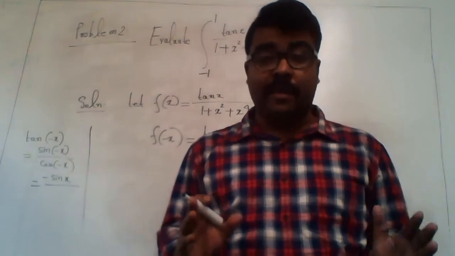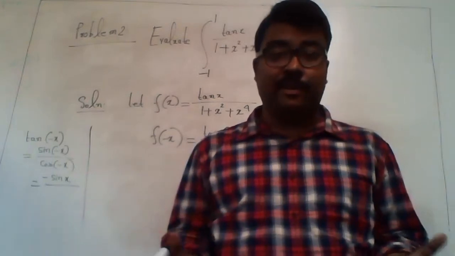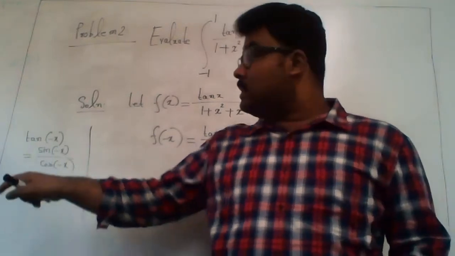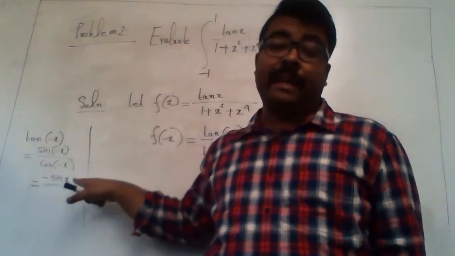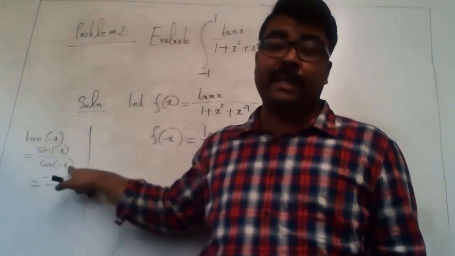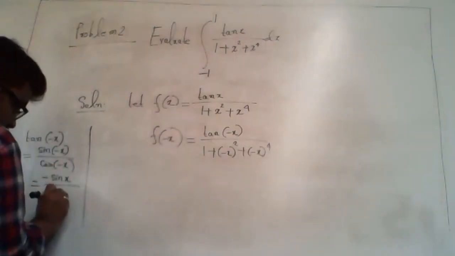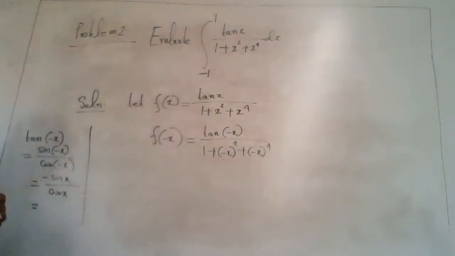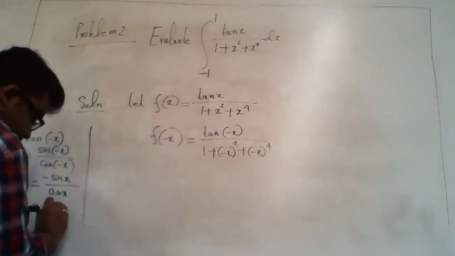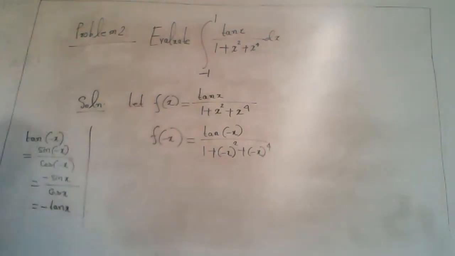These are very well known formulas in trigonometry. So you get minus sine x by cosine x, which is minus tan x. So tan of minus x is minus tan x, right?